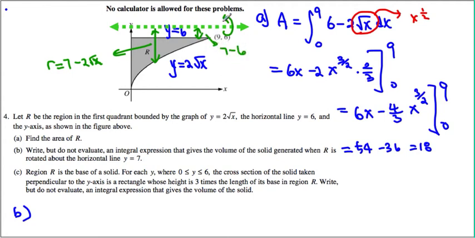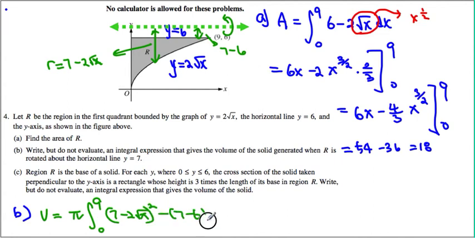Difference between the axis of rotation and then the line itself. Then what we end up getting is this. The volume will be then equal to pi, 0 through 9, and then outer, which is 7 minus 2 square root of x squared minus 7 minus 6 squared dx. That becomes the expression that gets you the volume of the solid.